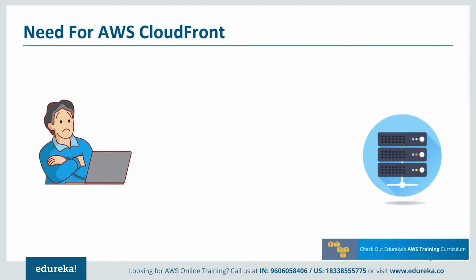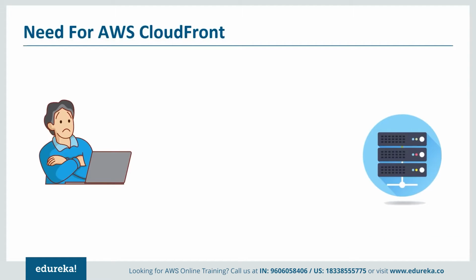Suppose you're based somewhere in USA and that website's server is based in Australia. Now, in that case, when you make a request for a particular object or image or content, your request is sent to the server that is in Australia and then it gets delivered to you.